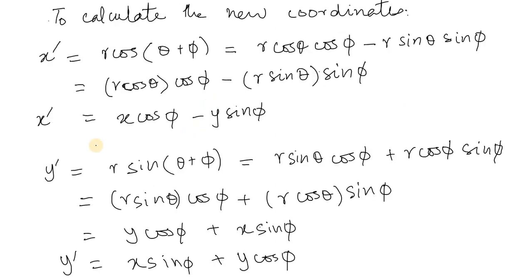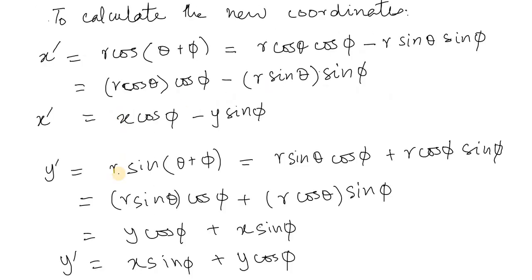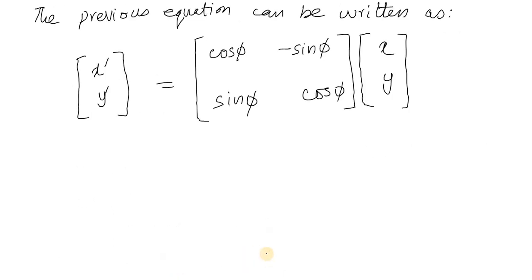So x dash is the product of x cosine phi and minus y sine phi. And similarly, y dash is the product of x sine phi and y cosine phi. After multiplication of this matrix, you will get the same equations as in the previous step.